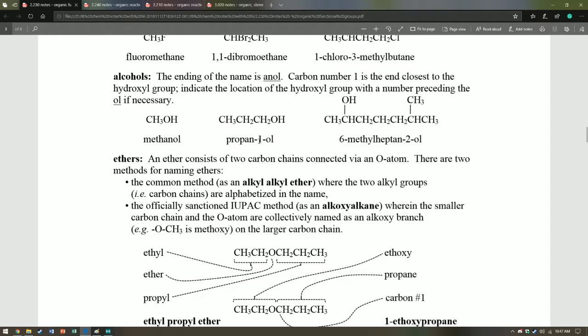Note here you put the number where the highest order functional group is, right in between. You split the name up, with the number where the highest order functional group is, and then the ending of the name. Here is 6-methylheptan-2-ol. Again, you notice how you split the name up.